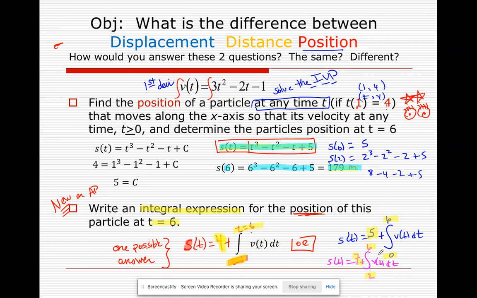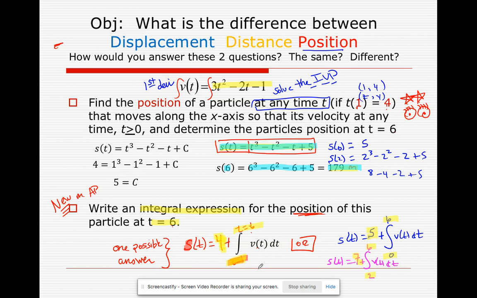If you don't believe me, on your calculator, put this equation into y1, and then do each one of these. Do math 9 from 0 to 6 and add 5. Do math 9 from 1 to 6 and add 4. Do math 9 from 2 to 6 and add 7.